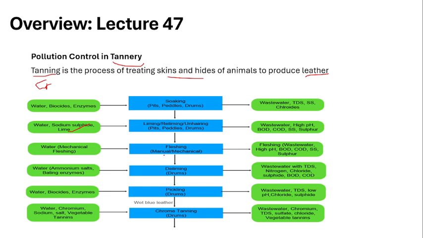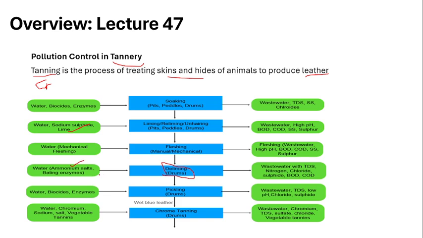Okay. So the next step is fleshing. This fleshing can be manual fleshing or mechanical fleshing. This is to remove the flesh. So we use a high amount of water in it. This wastewater will also be rich in all these parameters. Again, finally, after these many processes, we are going to delime our product. Deliming is nothing but removal of the lime we have used so far. This deliming happens by using salts called ammonium salts.